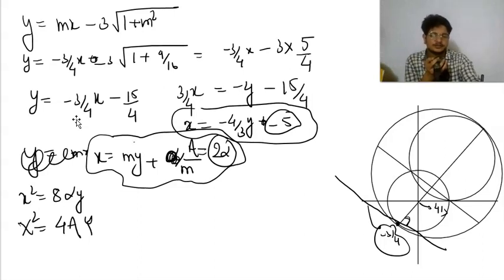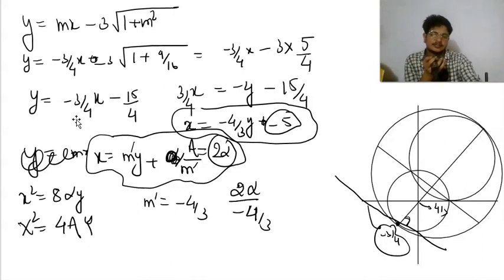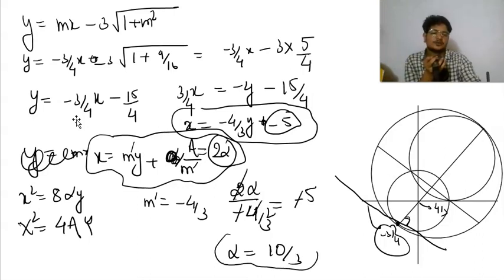Let's take this as m dash, so m dash is equal to −4/3, and a is equal to 2α. So 2α divided by −4/3 is equal to −5. Minus and minus get cancelled, 2 and 2 get cancelled, and we get the value of alpha as 10 by 3. Hope you understand this.